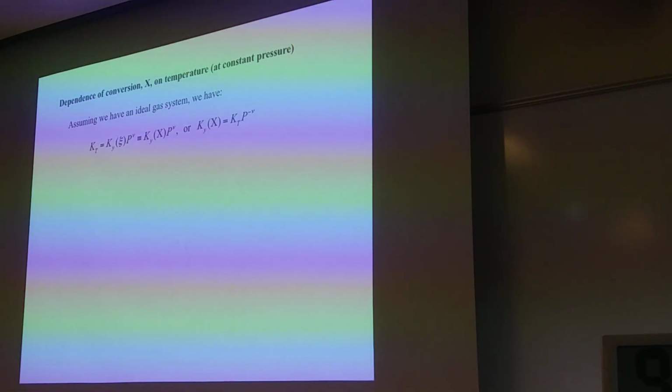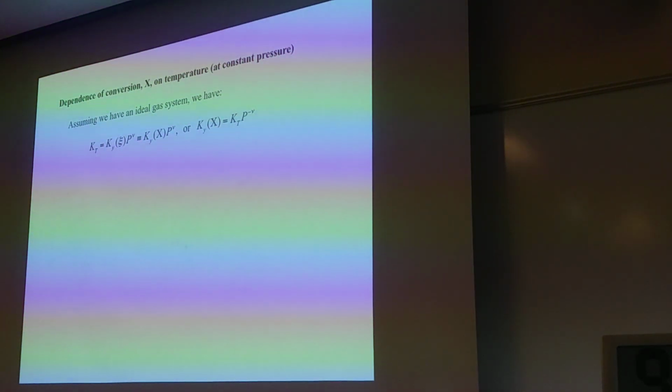Now the dependence of this conversion X on temperature at constant pressure is what I'm interested in. This will give us the equilibrium conversion temperature relationship or curve. Now again, let's go back and assume we have an ideal gas system, and every time I'm using the examples here with ideal gases, but you know how to fix that if you have to, because I've shown you yesterday how to handle non-ideality.